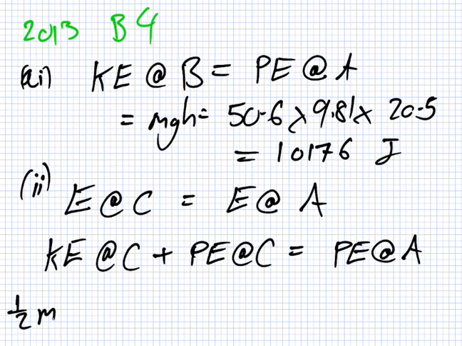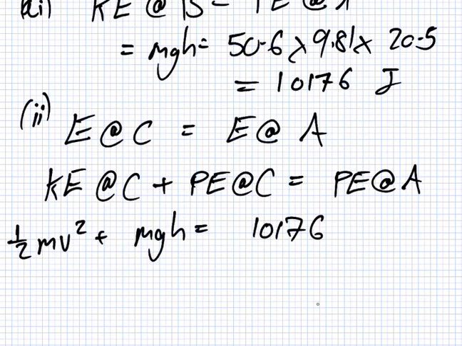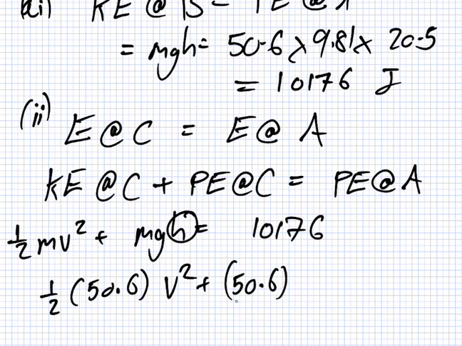A half mv squared plus mgh equals 10176. So I get, and that height there is 5.6. So a half mv squared plus mgh equals 10176.